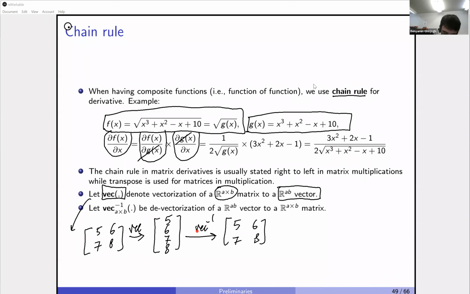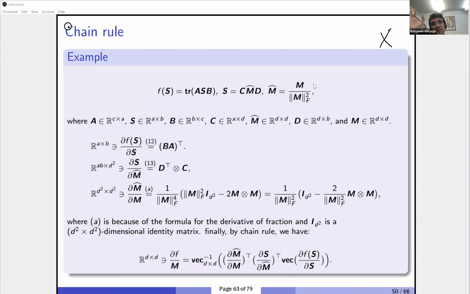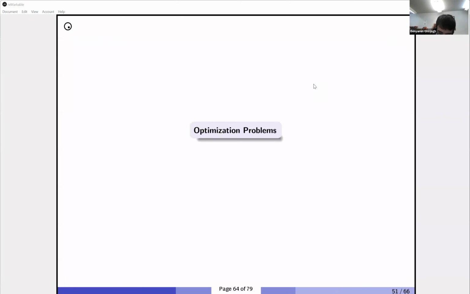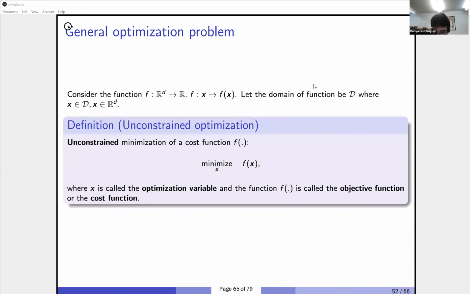But when you devectorize it, you need to specify the dimension, so you retrieve the exact dimension that it had before. So also vectorization, you know what it is. Again, I exclude this for interested readers. You can read it and we can discuss it later. It's just an example of calculating complicated functions using chain rules, where the inputs are matrices and not scalars. You can calculate that.